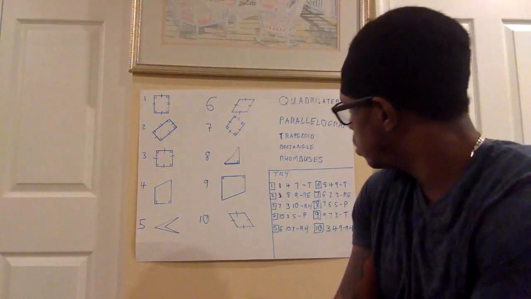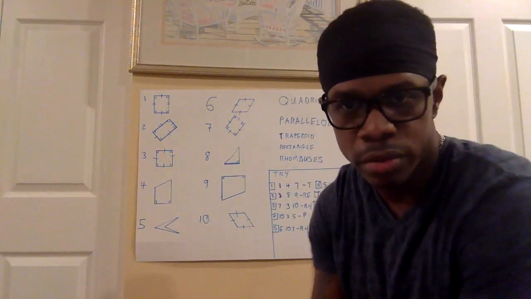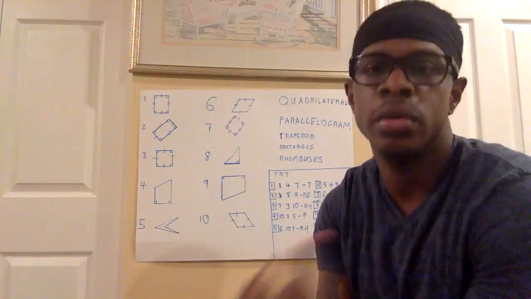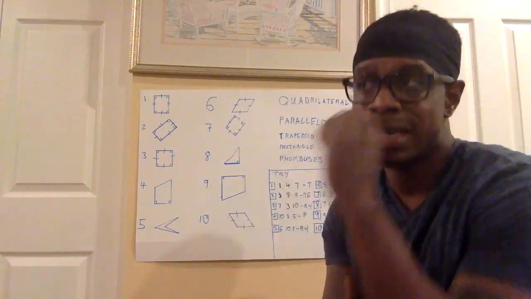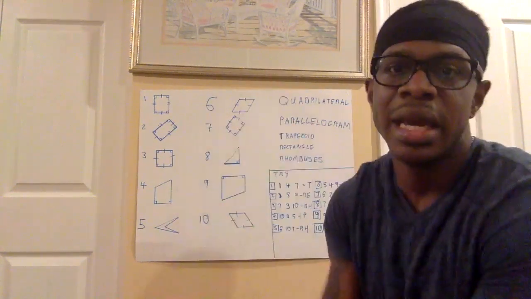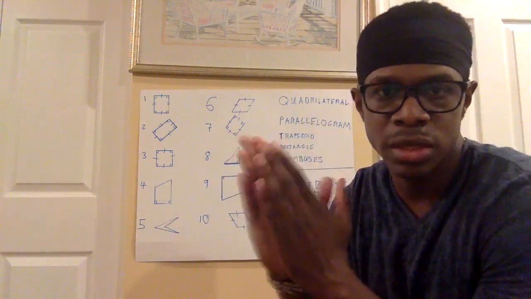All right, the rhombus. What is a rhombus? A rhombus is a 4-sided figure or a quadrilateral that has the lengths all the same. It has 4 of the same exact lengths, and it has the same acute and obtuse angle.